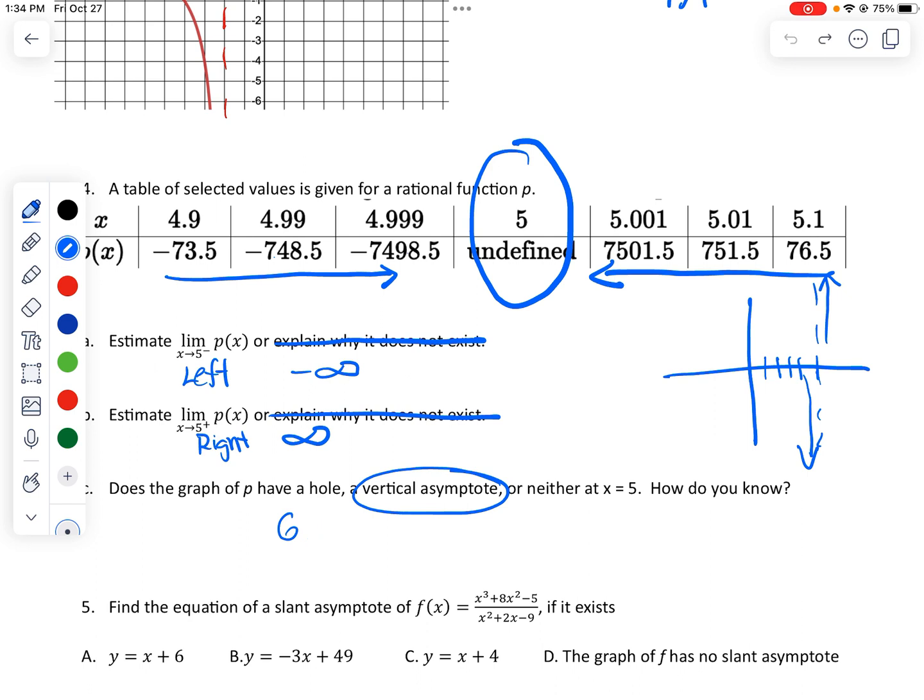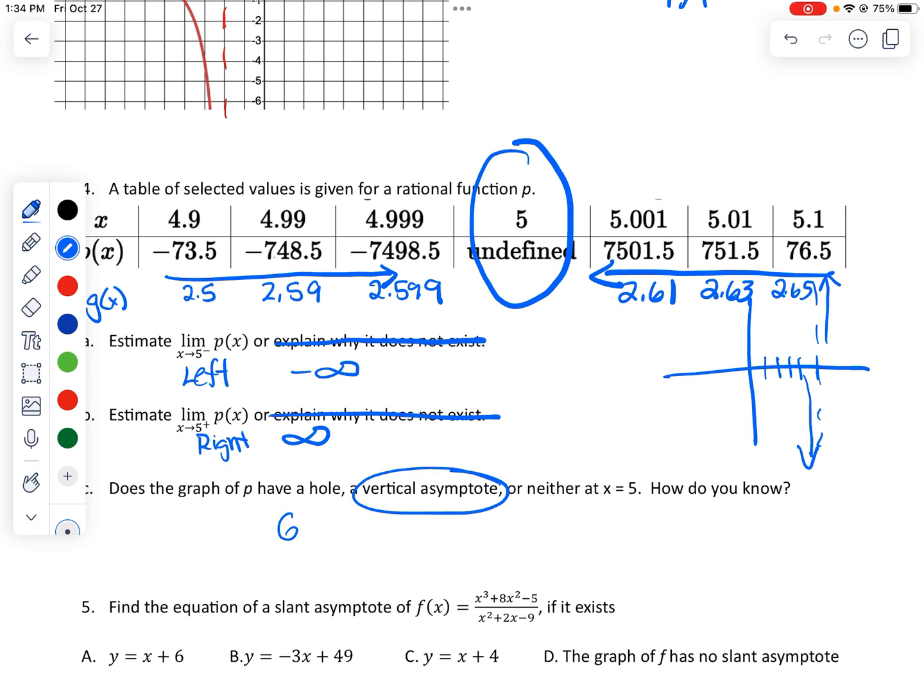Now, some people ask, what does it mean if there's a hole? Well, let's say I had g of x, and g of x went 2.5, 2.59, 2.599. And if I went from the other side, maybe it was 2.65, 2.63, 2.61.